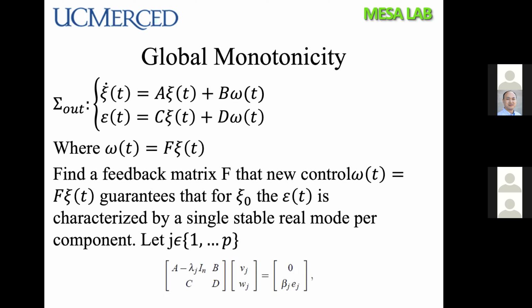Consider we have the system sigma out here, which can be written like this, where omega(t) equals F times x(t). Clearly, sigma out can be identified with (A, B, C, D).